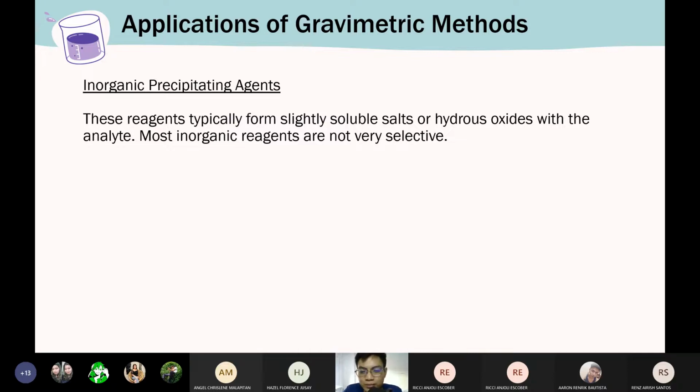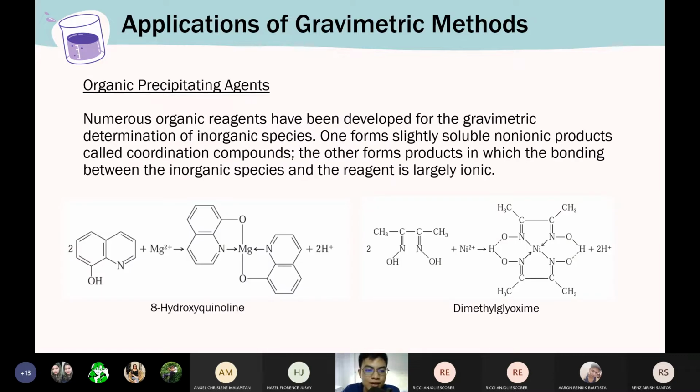Okay, so let's say may chloride bromide sa iyong sample. You cannot just use silver. Okay, so you want to use something that is more specific. And commonly, those specific ions are organic compounds, such as yung described natin earlier, the hydroxyquinoline. Okay, so hydroxyquinoline are known to complex only with magnesium and aluminum.